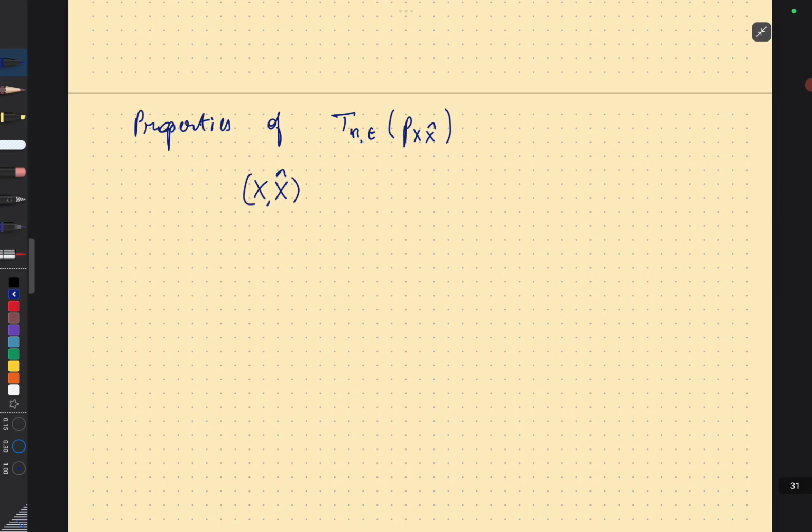So basically what we have is this pair x comma x hat, right? And what I could essentially do is map this pair x comma x hat to some super symbol y. All right? It's nothing else. I just relabel this pair x comma x hat to one symbol y.